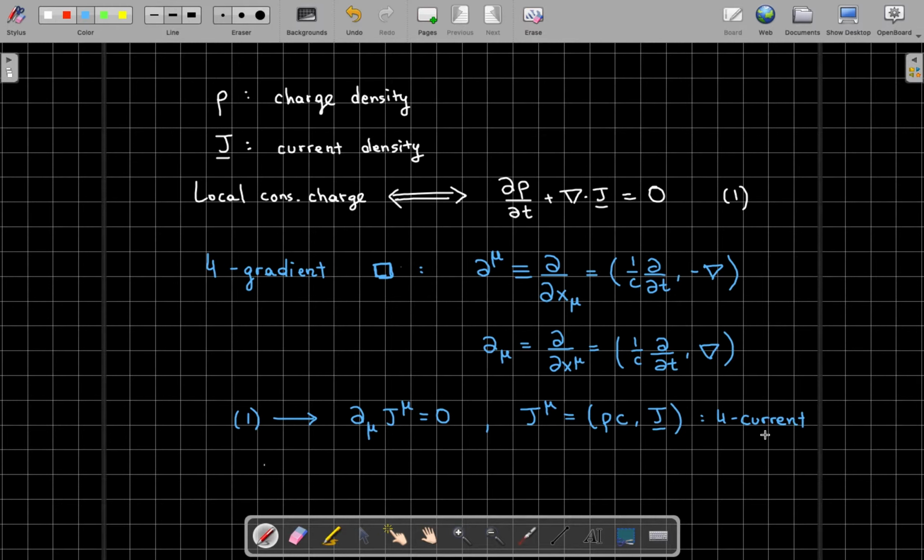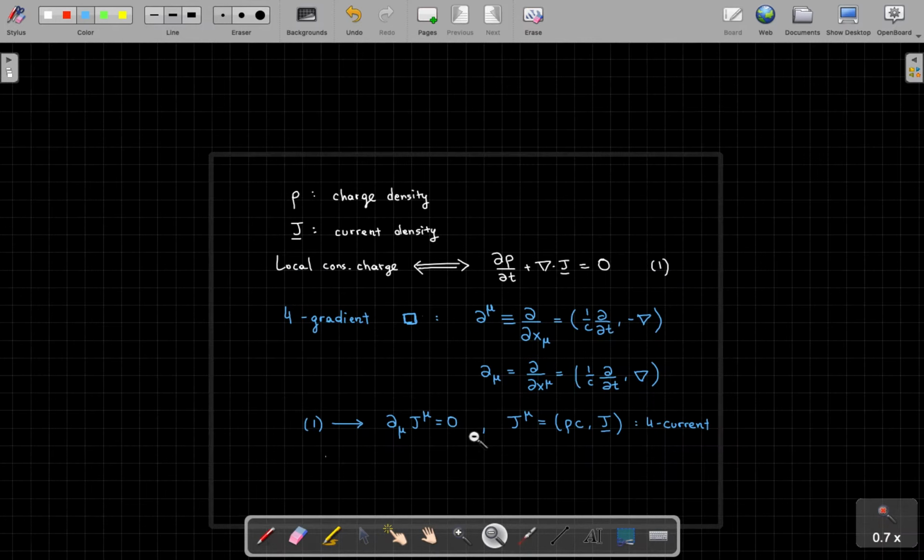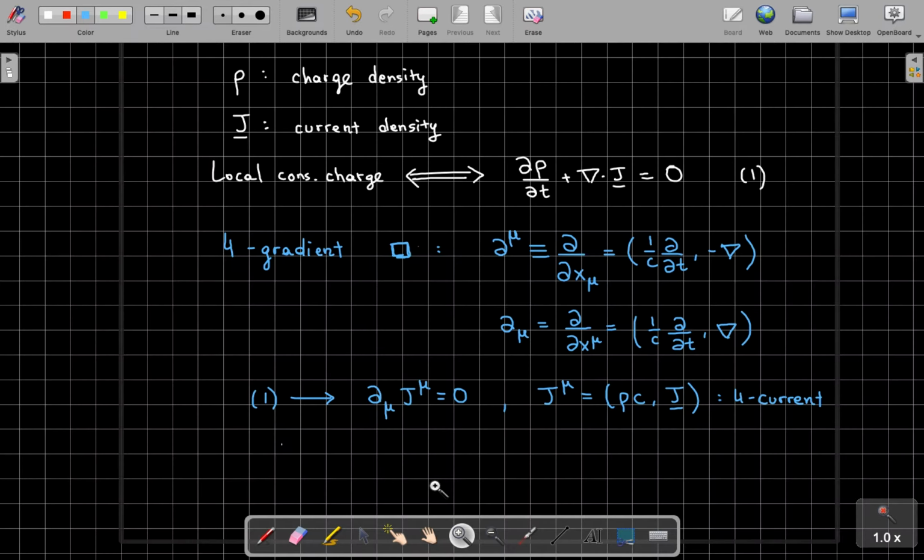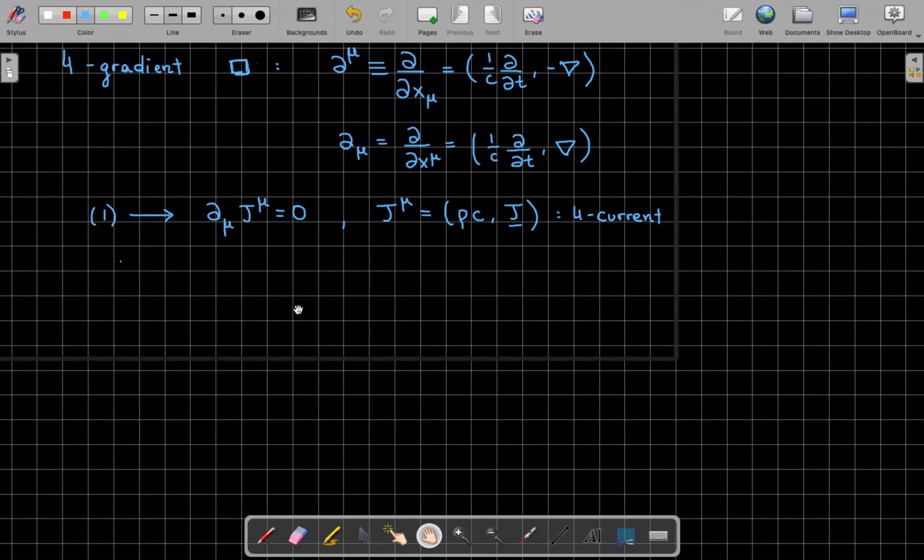But I want to give you a more physical justification of why J^mu, the current, is a four-vector. So we do our typical trick of considering different frames. So let's consider two different frames.